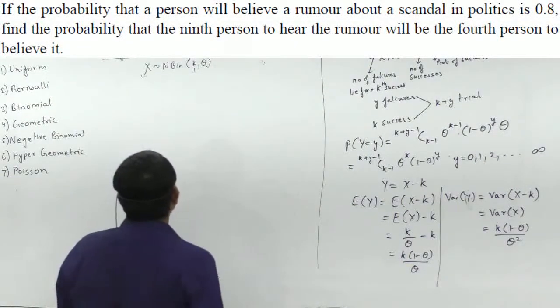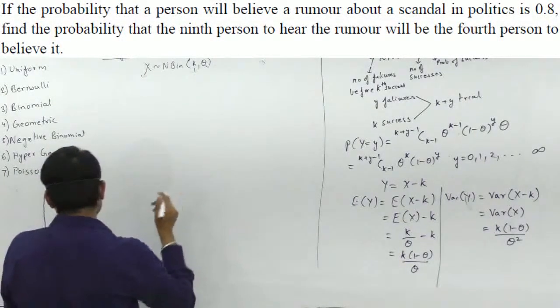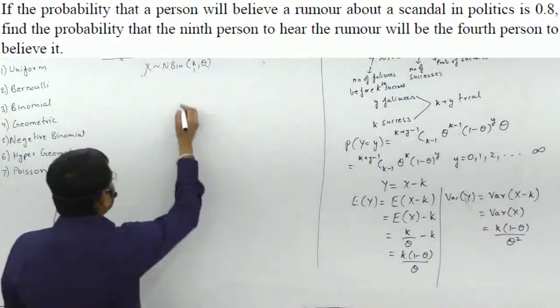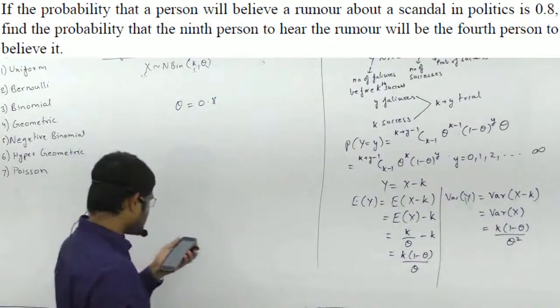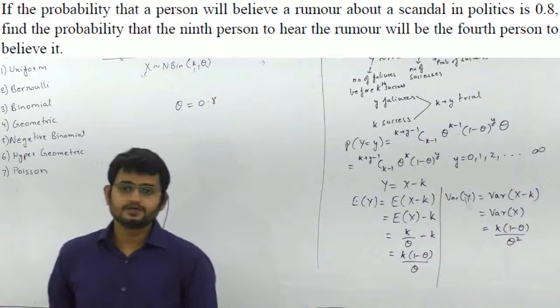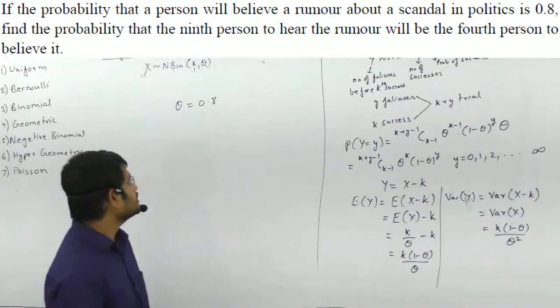So first of all, they have given us that the probability that a person will believe the rumor is 0.8. So we can say theta is equal to 0.8. And they have asked us what is the probability that the 9th person to hear the rumor would be the 4th person to believe it.